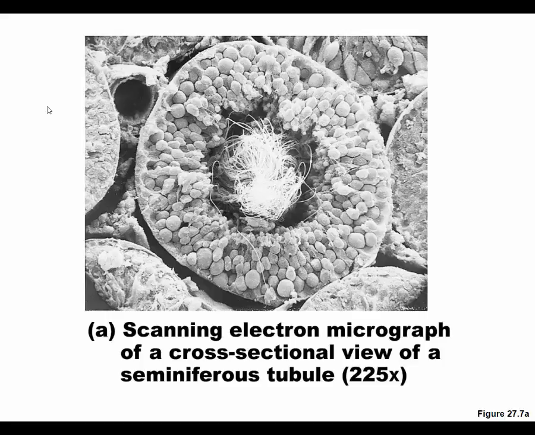And what we're looking at in this diagram is a cross-section of one of those seminiferous tubules. Can you see the hair-like flagella at the end of a sperm that are clustered toward the center of that picture? That's the center of the seminiferous tubule. And the wall of that tubule is where those sperm cells are formed.